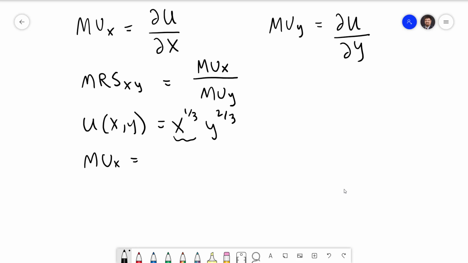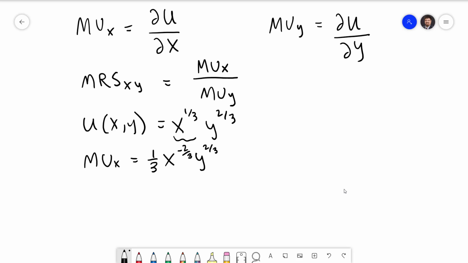We continue to follow the power rule no matter what the exponent is. The power rule tells us that we multiply by the exponent and then we subtract 1 from the exponent. 1/3 minus 1 is going to be negative 2/3. And remember that we're taking the partial derivative, so we treat y to the 2/3 as a constant, so that just is going to come along for the ride, and we multiply by that.